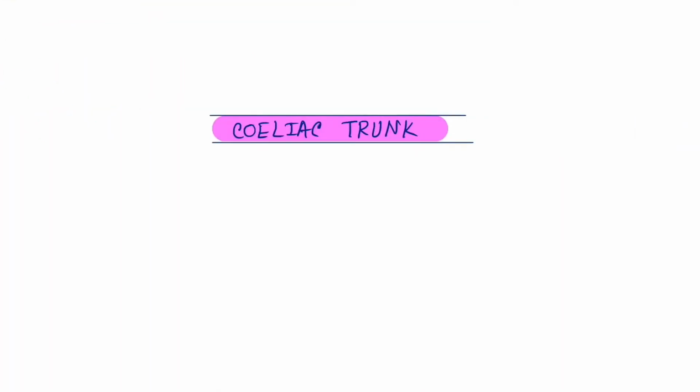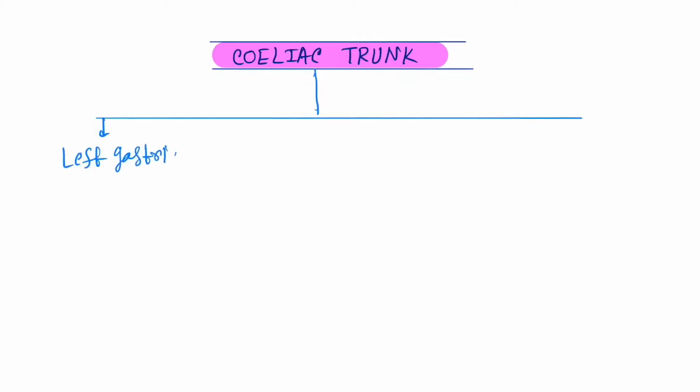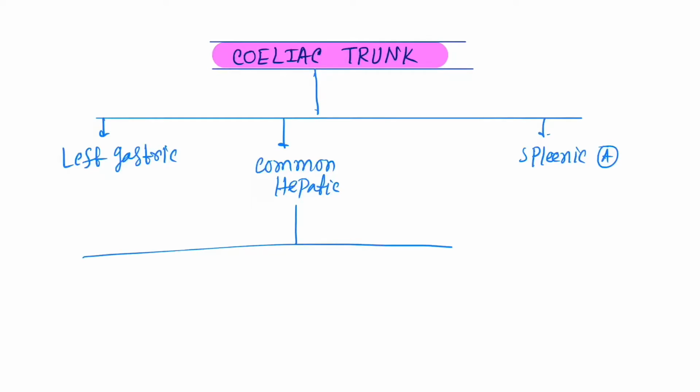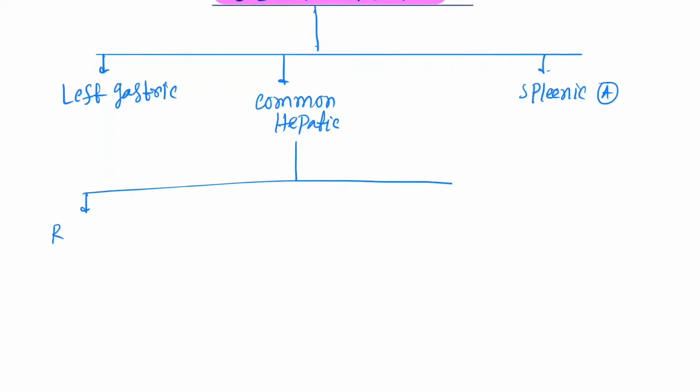The celiac trunk is formed by mainly three arteries, that is left gastric, common hepatic, and splenic artery.